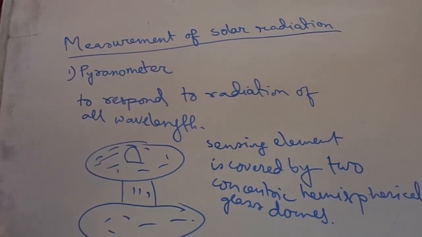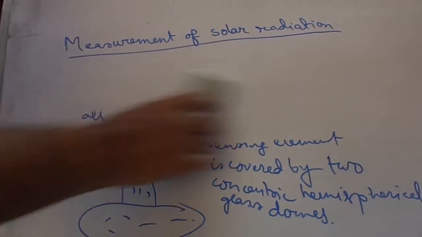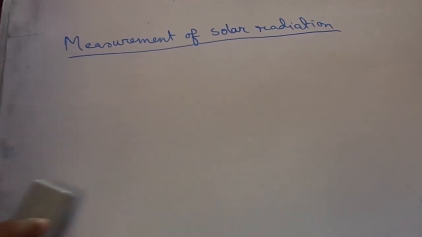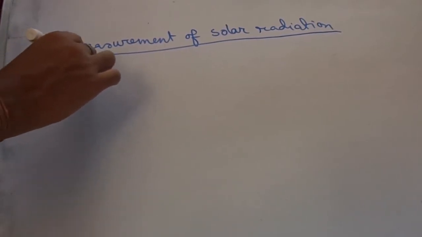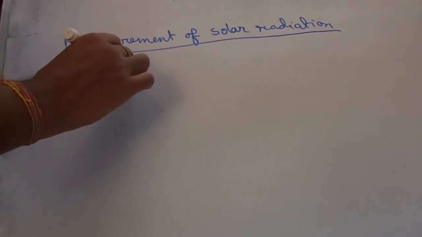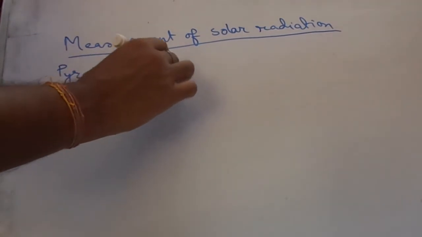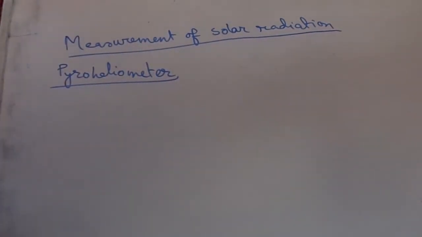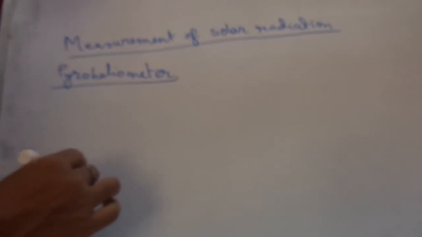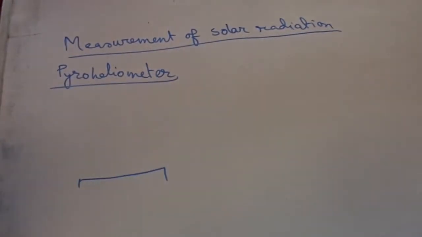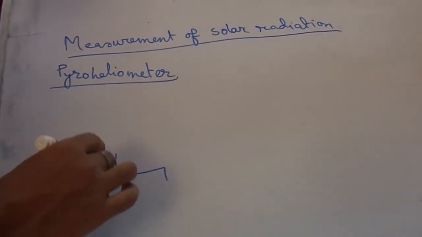Another one is the pyrheliometer. The drawing looks like this. If you draw, some inclination is there.